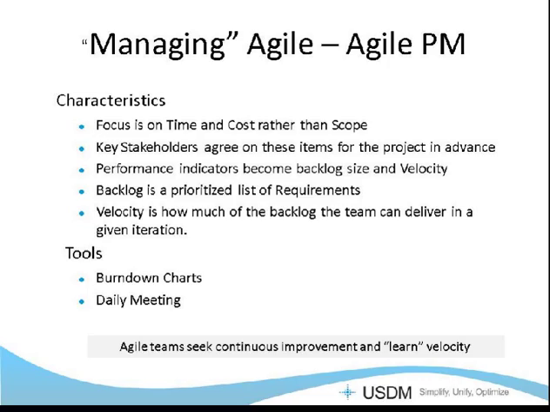The velocity, as I mentioned, is how fast we can deliver these requirements in a set time frame. And so what makes this very interesting and kind of a different approach is that in Agile, you're not necessarily planning by hours or by duration. You're planning by any way.